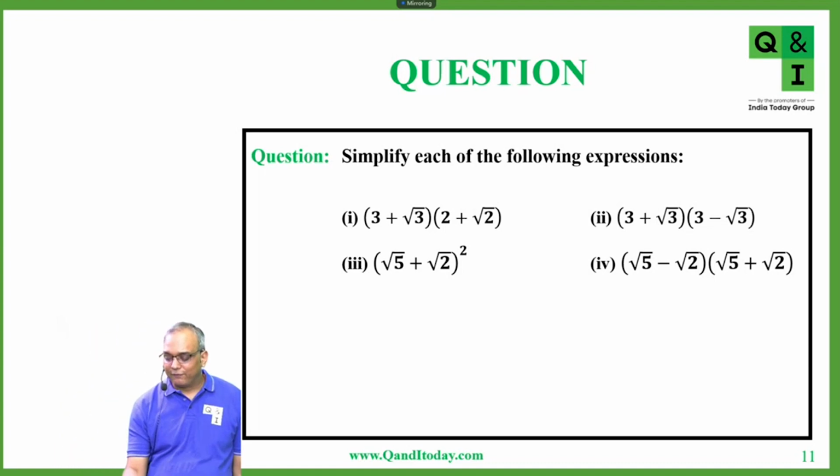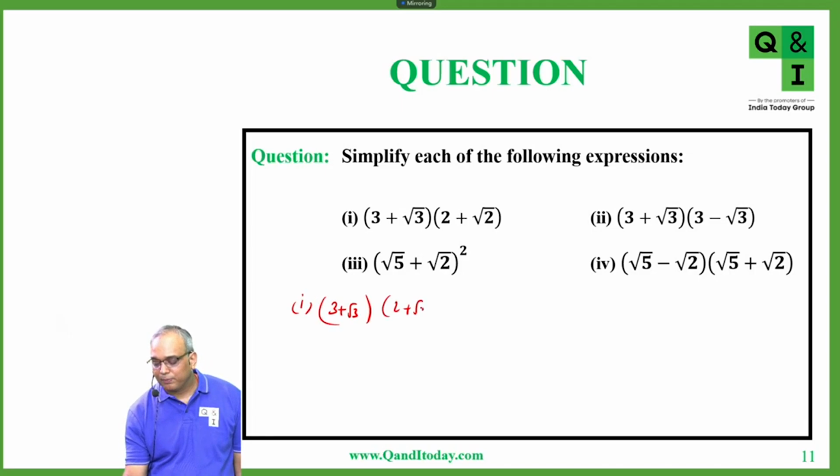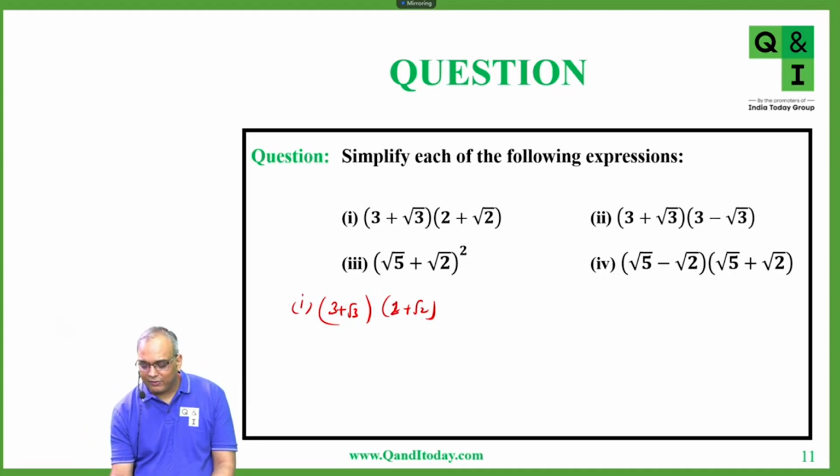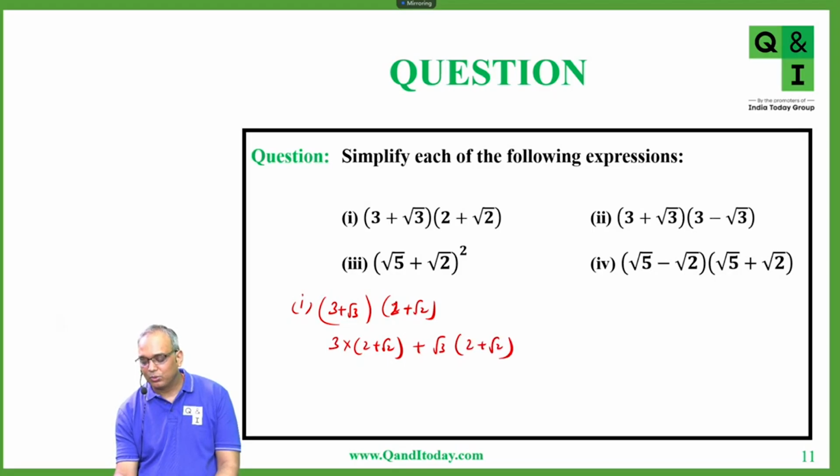So I'll do the first one for you. We have 3 plus root 3 into 2 plus root 2. What we are going to do here is multiply 3 with 2 plus root 2. So this will be 3 times 2 plus root 2, plus root 3 times 2 plus root 2.